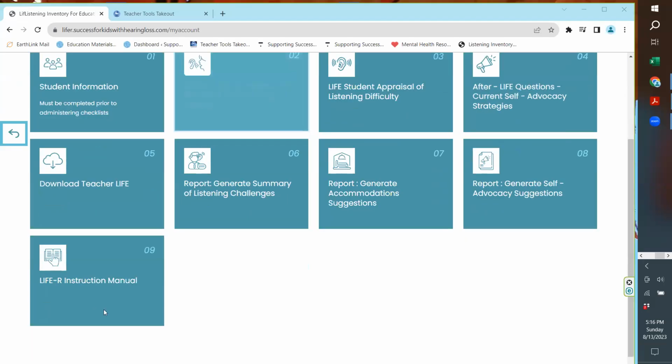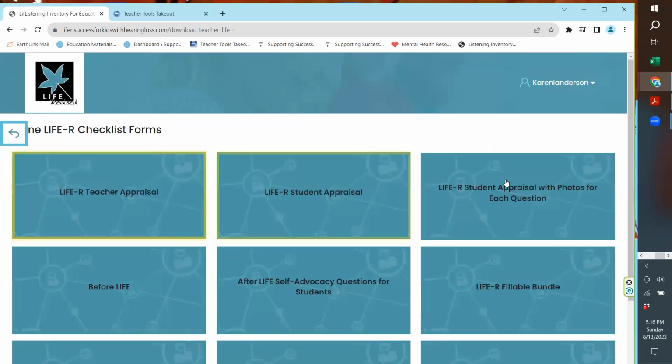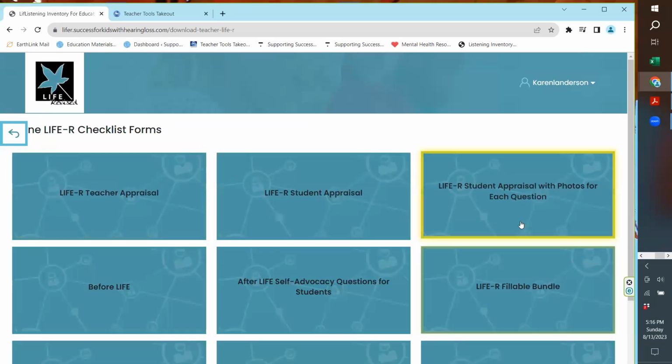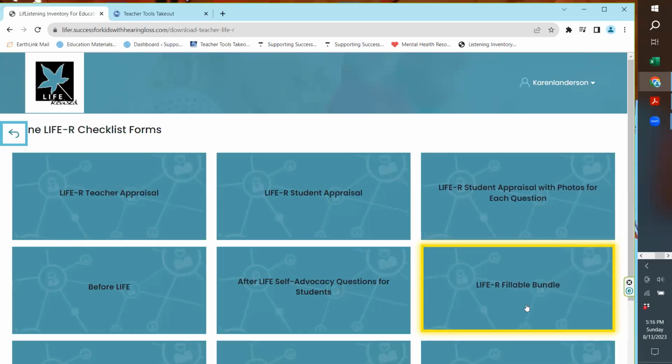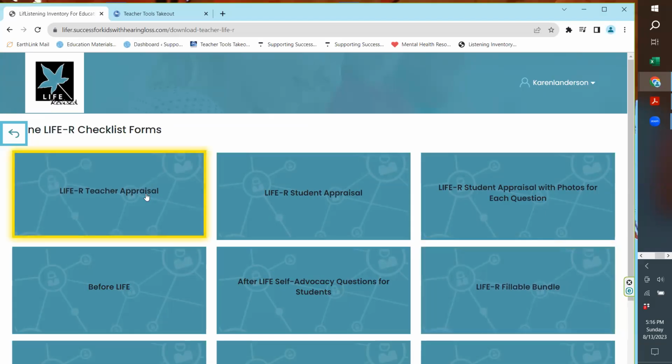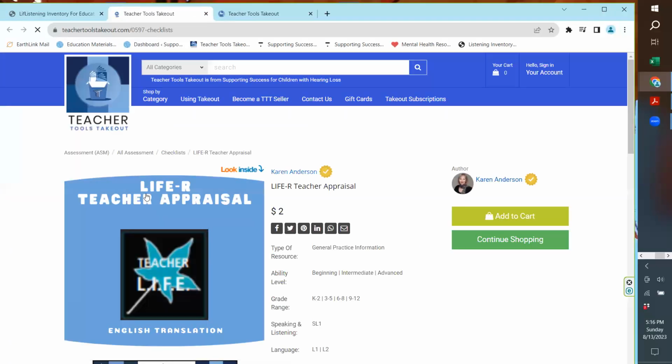Okay, and then you can download the instruction manual and download the teacher LIFE and the other LIFE appraisals that are electronic versions of this form. So if you wanted to send an electronic version of the LIFE-R teacher appraisal, you could do that.